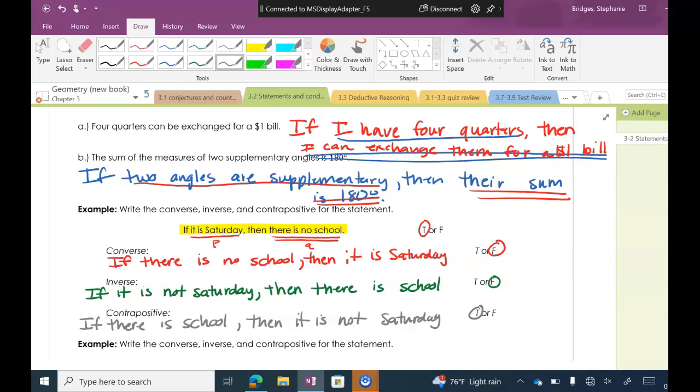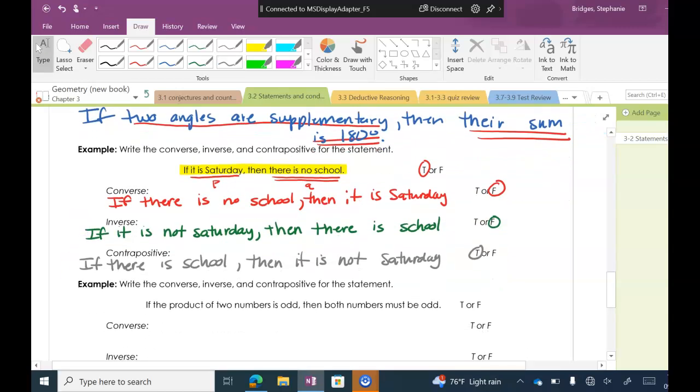I want to let you try one by yourself and see how well we do. All right, so here is your conditional statement. If the product of two numbers is odd, then both numbers must be odd. I want you to take a minute and write the converse, the inverse, and the contrapositive.